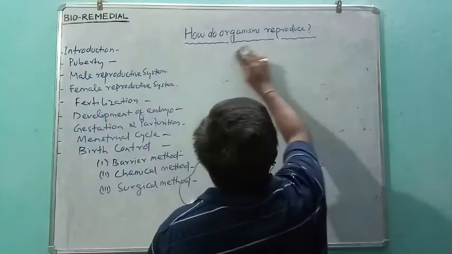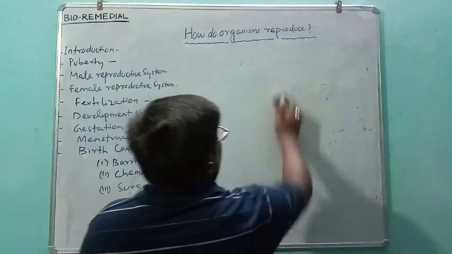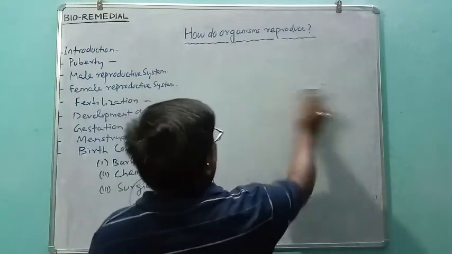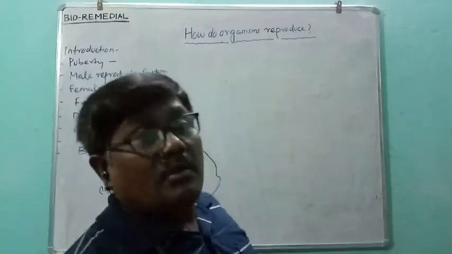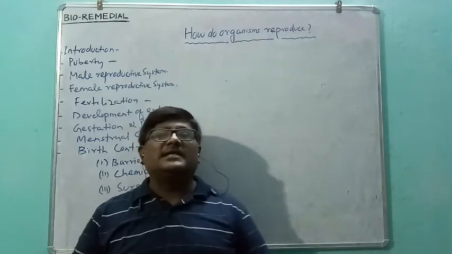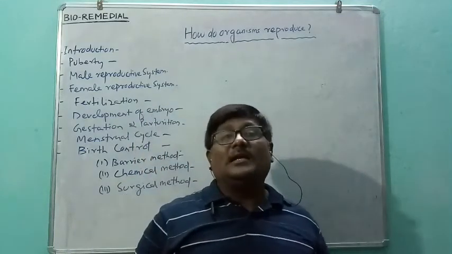Now we should also understand what the process is to control birth. And first, before that, we should understand why we should control birth. Because the human population is increasing at an alarming rate.